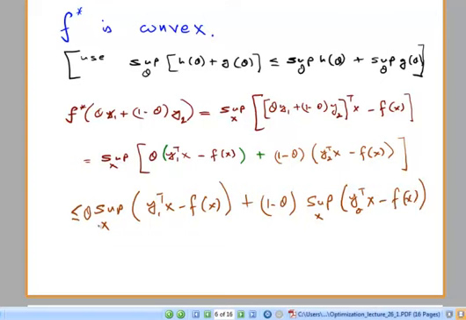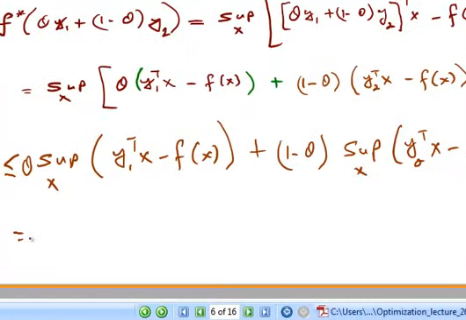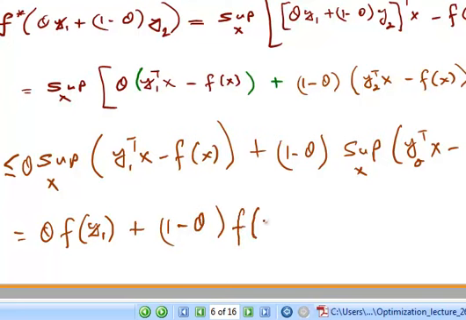And we know that that's nothing but f star of y1, and that's nothing but f star of y2. Correct?